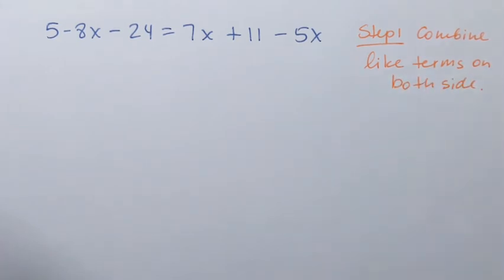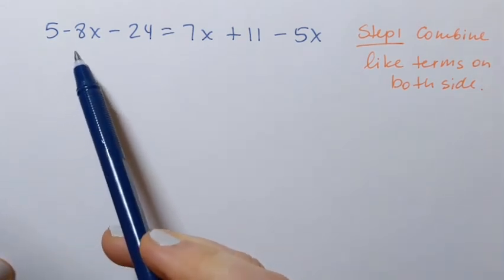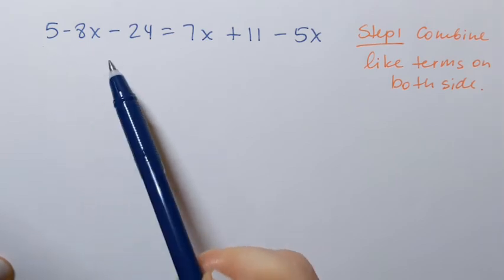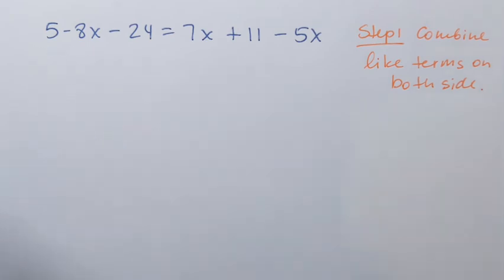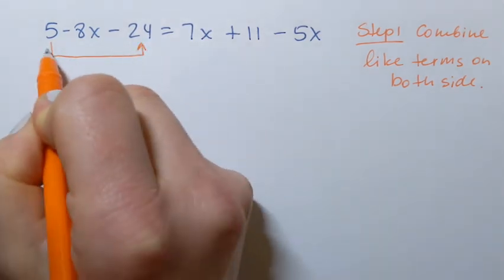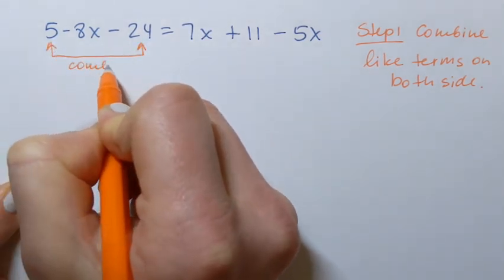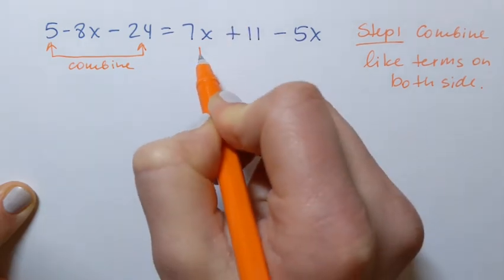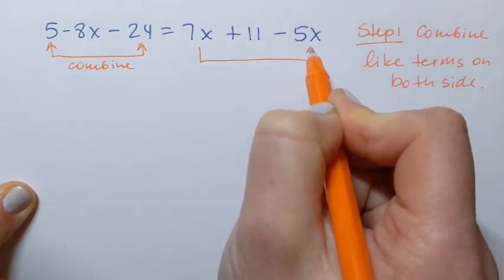I like to say clean up both sides as much as you can before doing anything else. Let's actually look at the left-hand side. Do we have anything to combine here? Yeah, looks like we actually have numbers to combine. So we can combine 5 and negative 24. And on the right-hand side we can combine 7x and negative 5x.